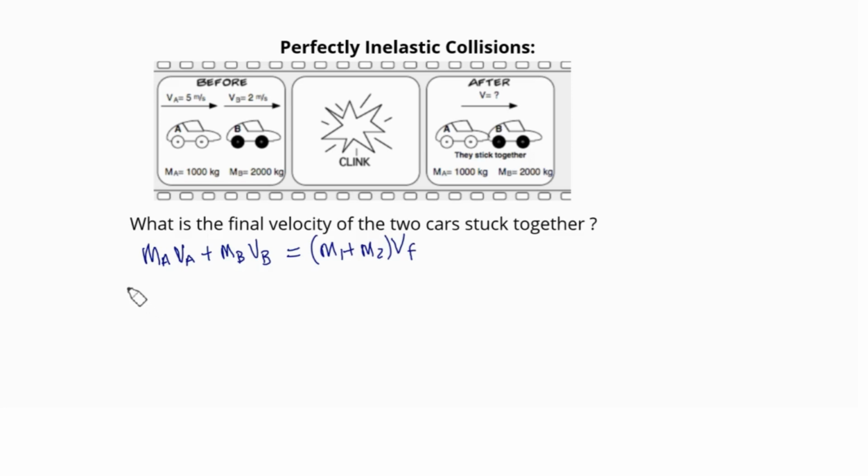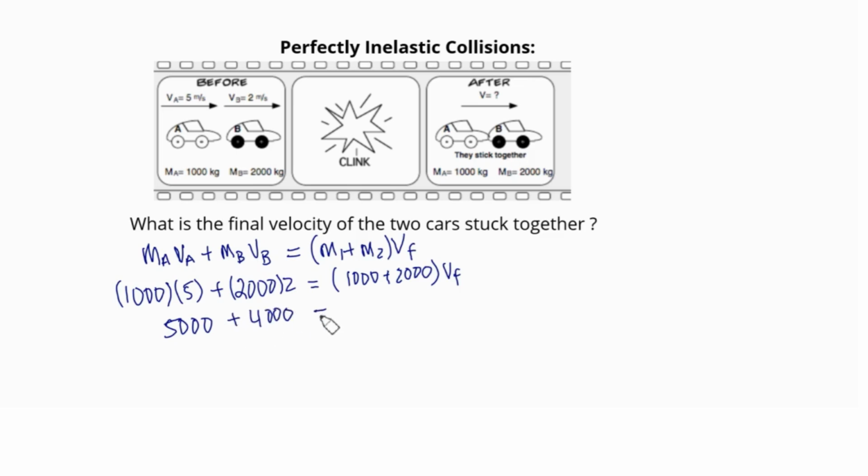So again, we'd have 1,000 kg here times 5 plus 2,000 times 2 is going to equal m1 plus m2. That's 1,000 plus 2,000 times Vf. Gives me 5,000 plus 4,000 is equal to 3,000 Vf.